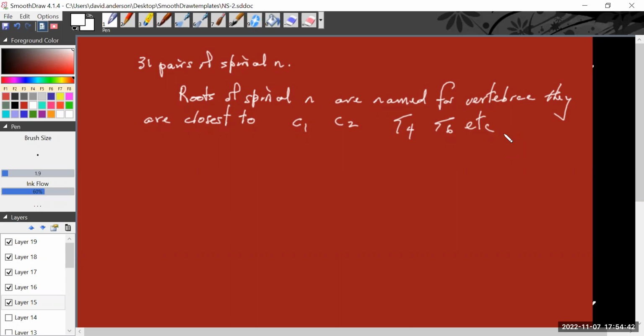So when we have branches from individual nerve roots form nerves, they come from what are called a plexus.